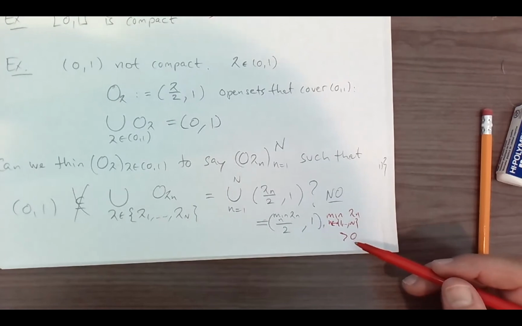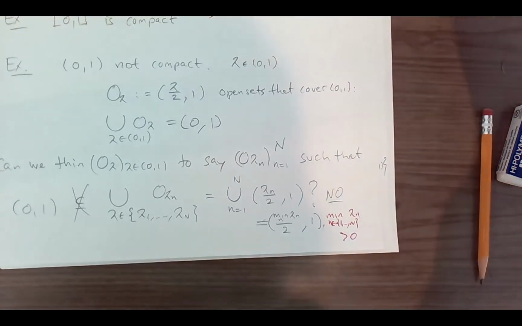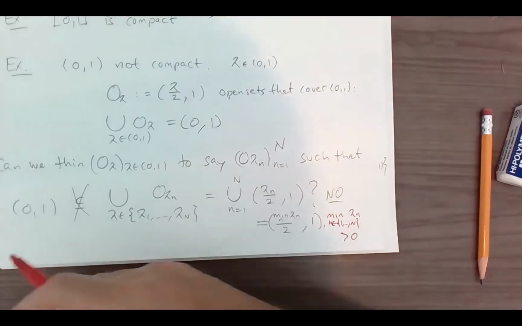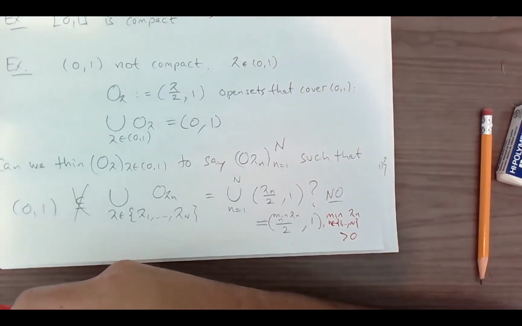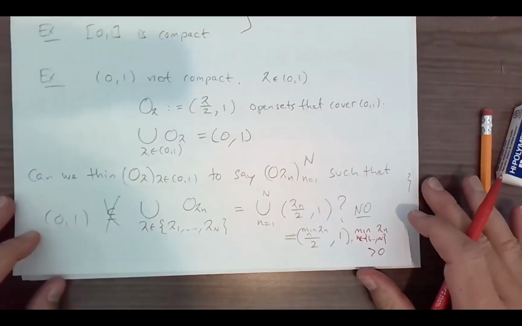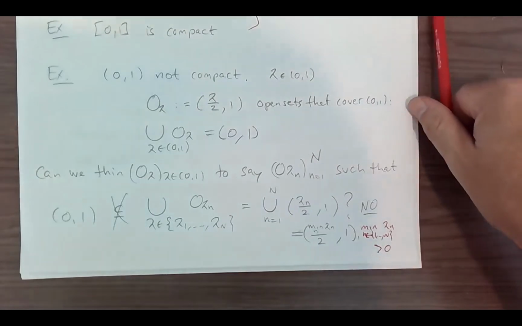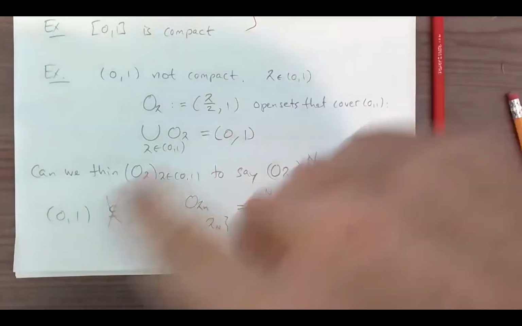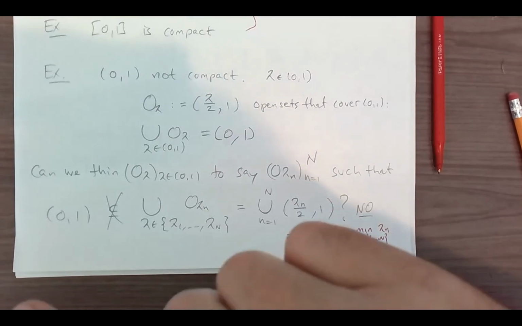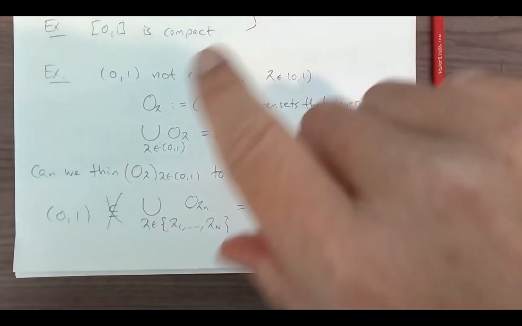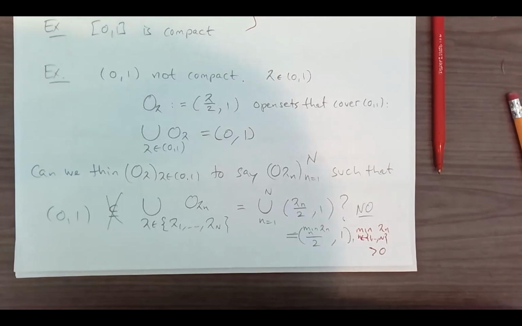Yeah, but what if we go with the way that we did the last example, right? If we add these additional intervals that will cover 0, would it still not work? Oh, be careful now. Because if I take the one from the previous one, then you'll be able to thin that cover. That doesn't prove that you're not compact.